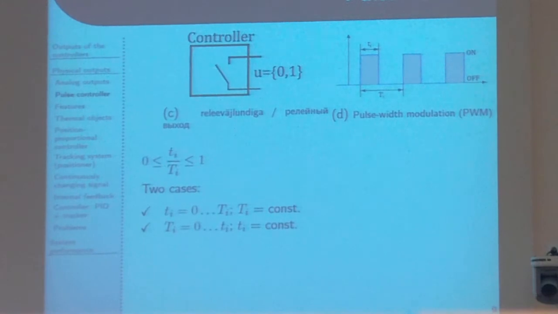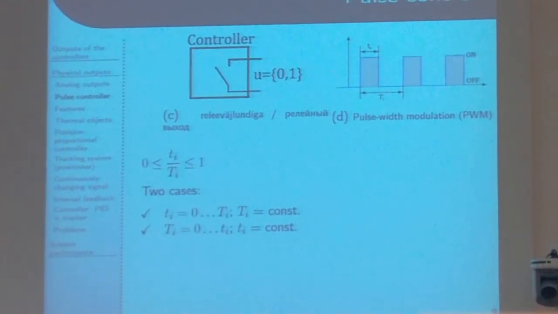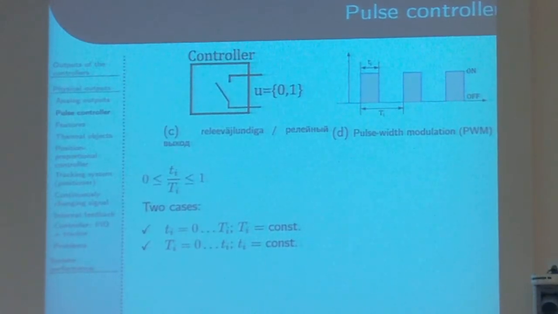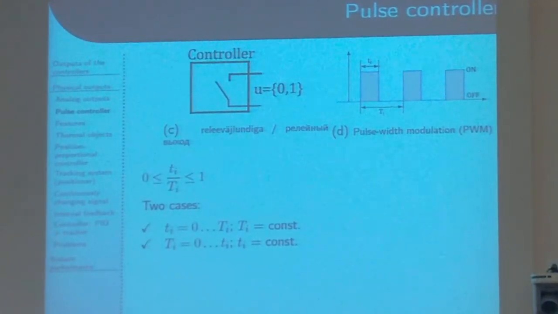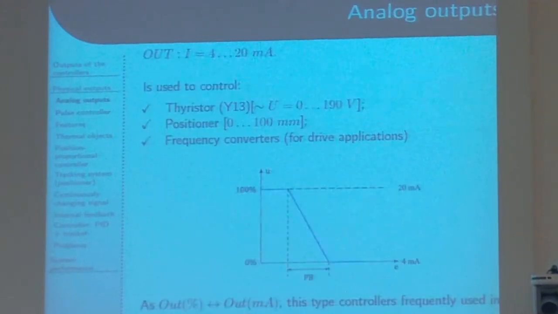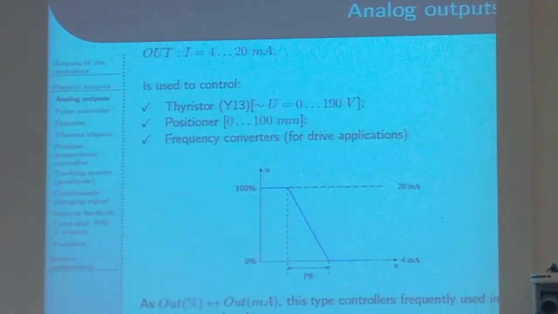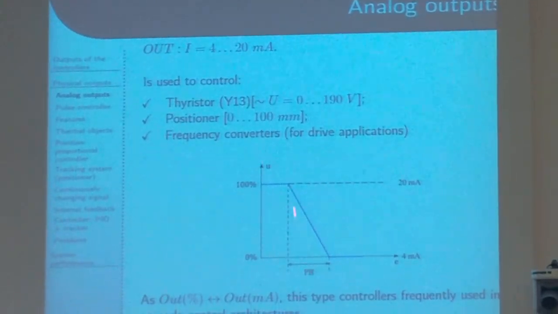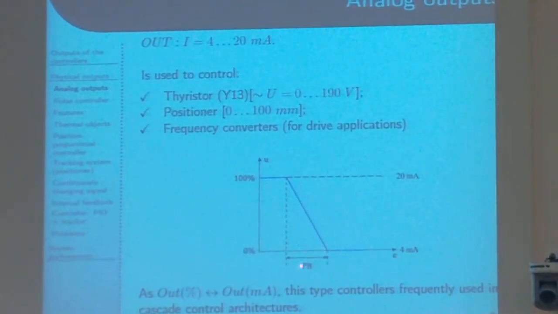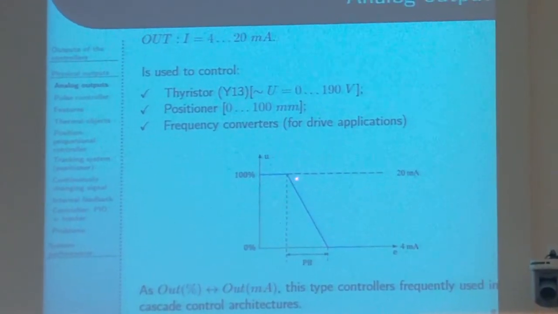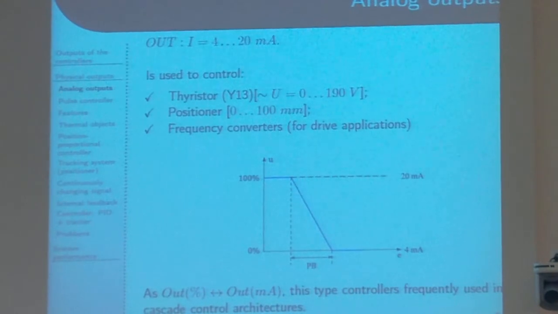Another type of controller used in our laboratory is the so-called PID controller with relay output. What is the difference? With an analog output PID controller, we can have our signal from the whole range, from 0 to 100%, and each value can be obtained.